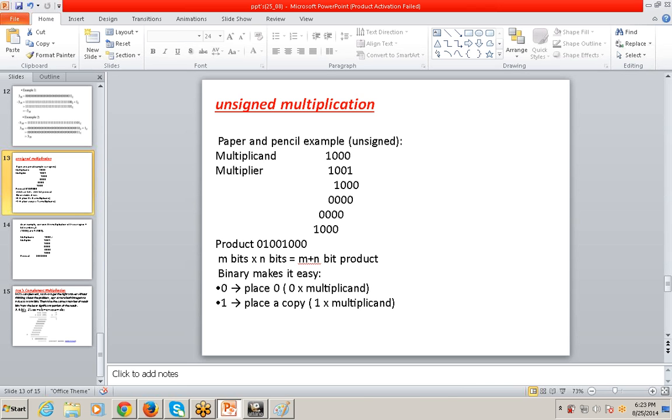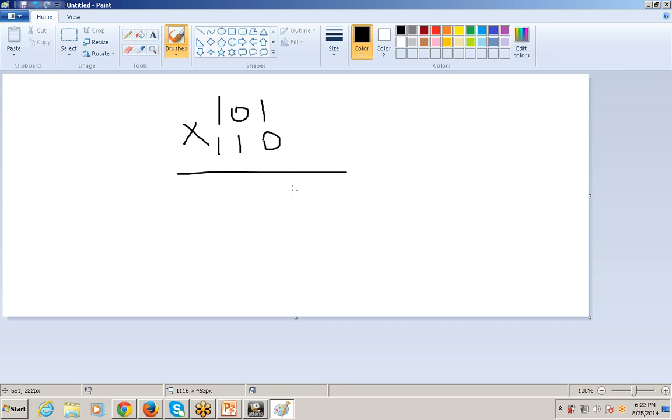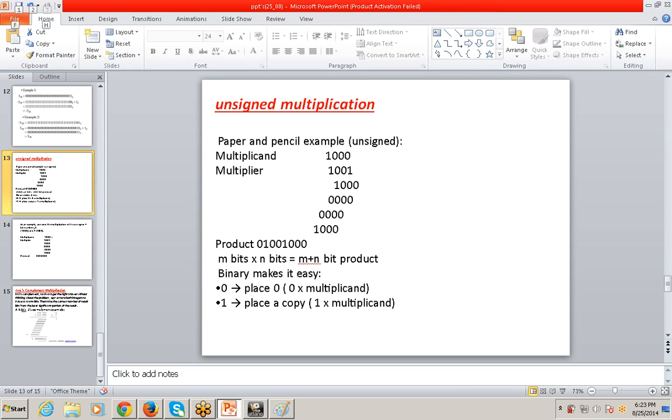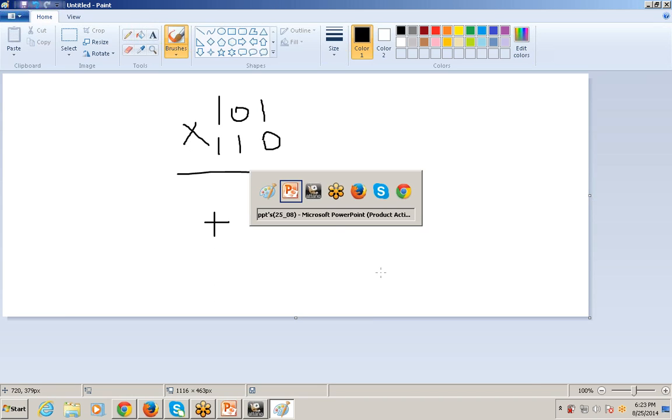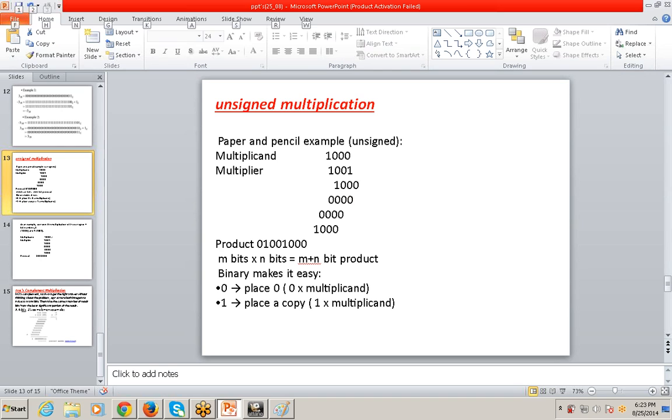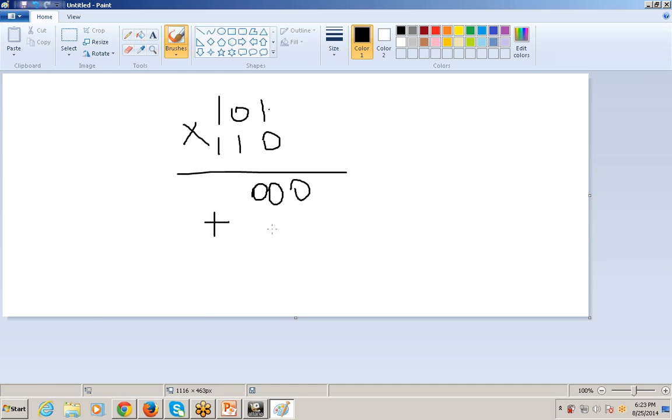So first step is, whenever I multiply 0 by all the bits, the output is 0, 0, 0. Then this is 1, so this is 1, 0, 1. Then again 1, so this is again 1, 0, 1.